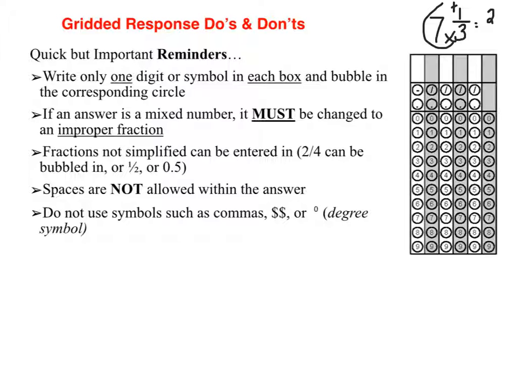So my improper fraction is 22 over 3. So I would put 2, 2, slash, 3. Color in 2, 2, slash for my fraction bar, and 3. Hopefully this refreshed your memory on your gridded response, and remember all these reminders on Tuesday.